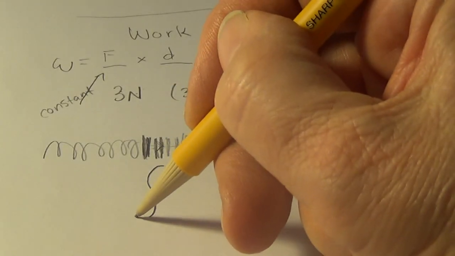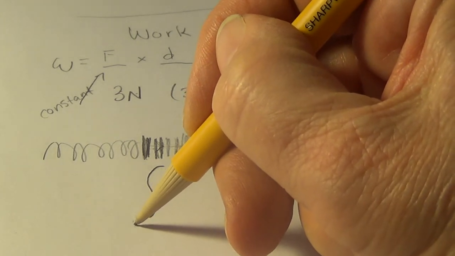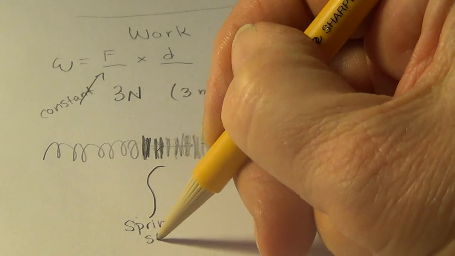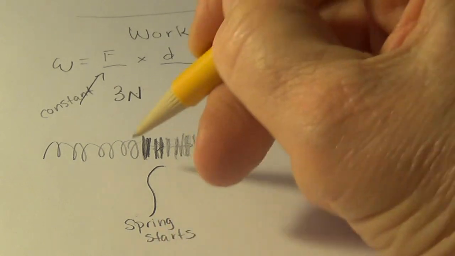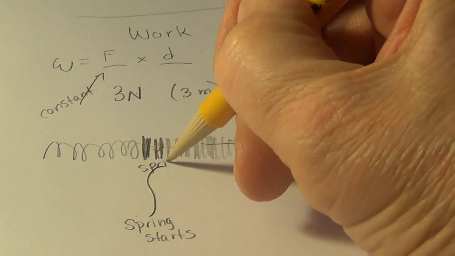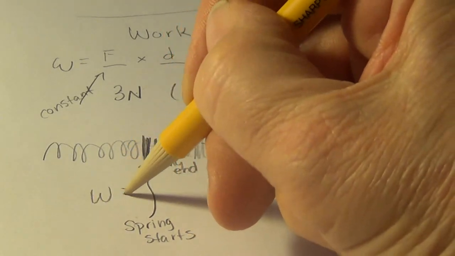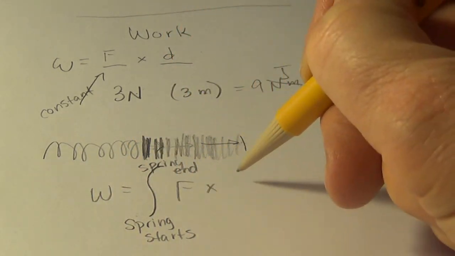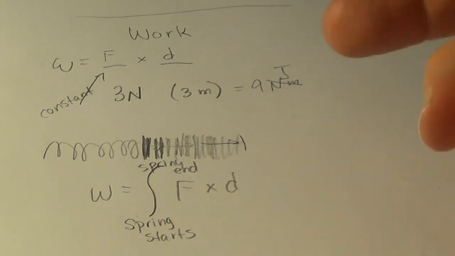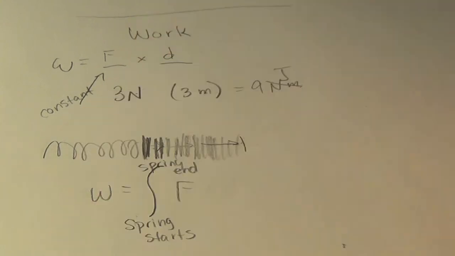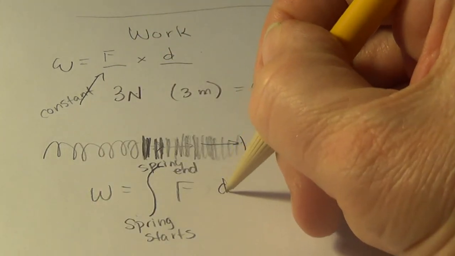So we're going to go from where the spring starts to where the spring ends. And we're going to do the work, and it's going to be force times distance. And the distance is going to become our dx, because it's going to be very small increments of distance.